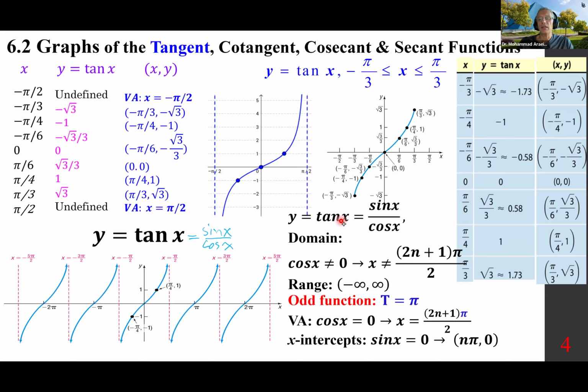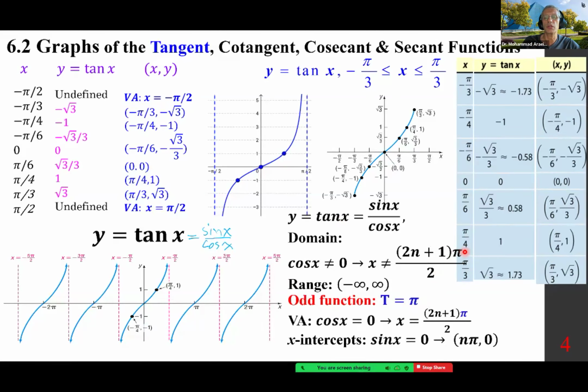And if you want to find anything here, just remember T is pi. So if the T changes, you can put it here, even here.